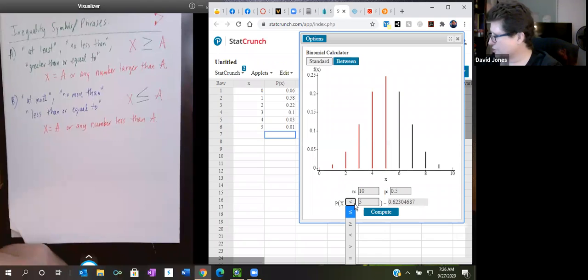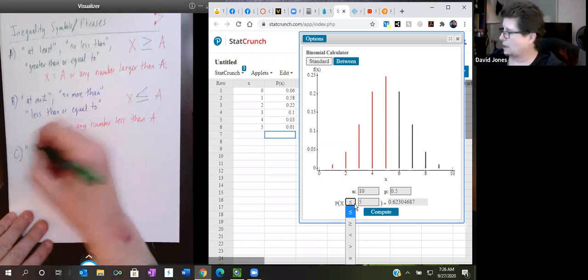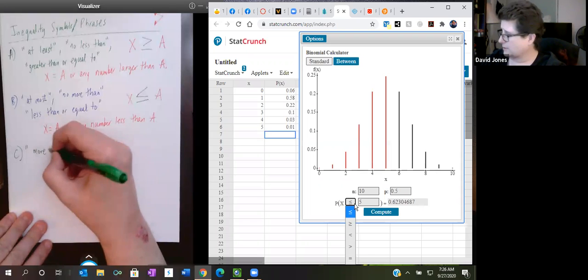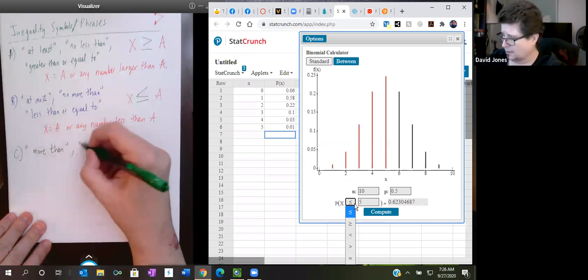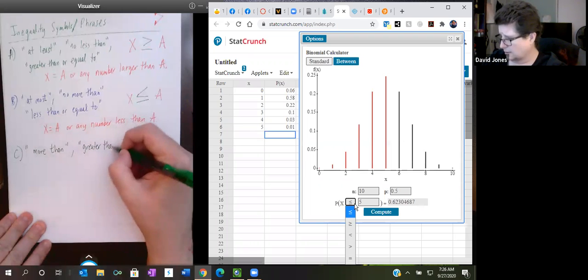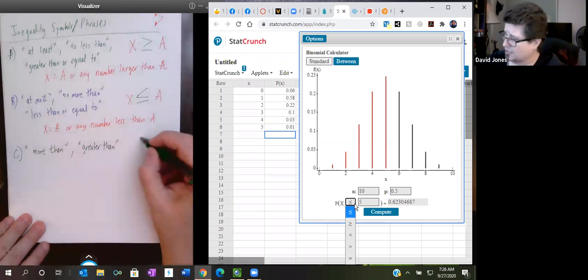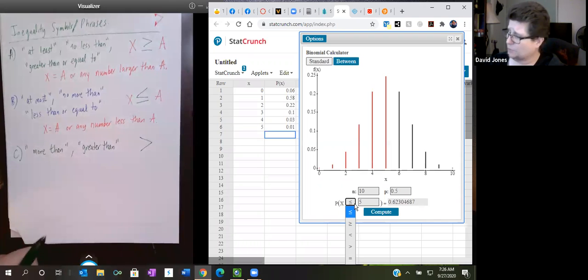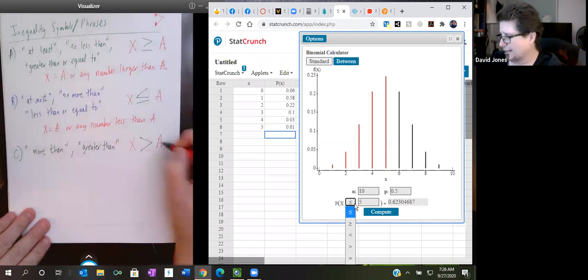Then we have our strict inequalities. We could have more than or greater than, larger than, above, something like that. This value, that symbol, alligator going to the left with no line underneath it.